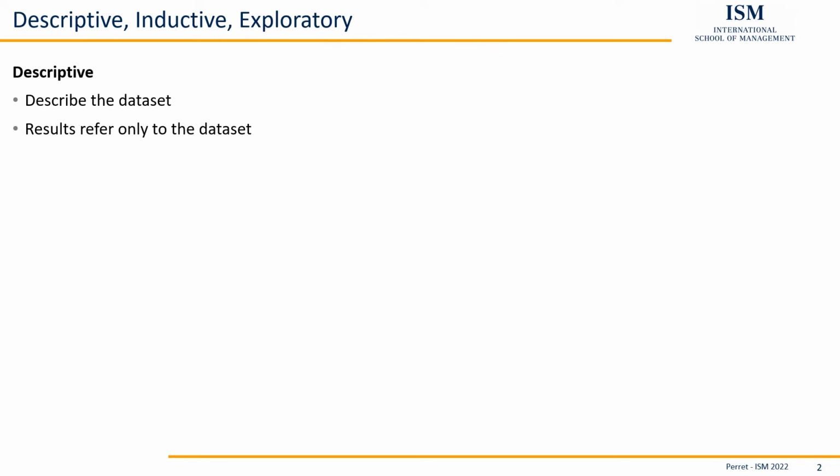That doesn't work with descriptive analysis. So if you simply use standard measures of association without a test, or even simpler measures of central tendency, measures of dispersion, something like this, this is purely descriptive, simply telling you something about the sample, but not about the population.